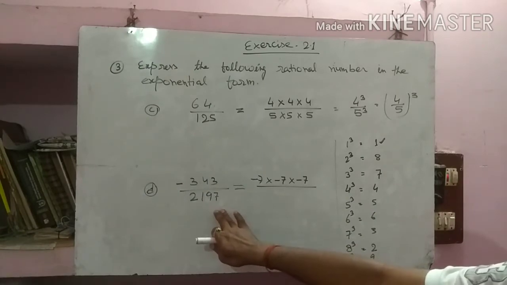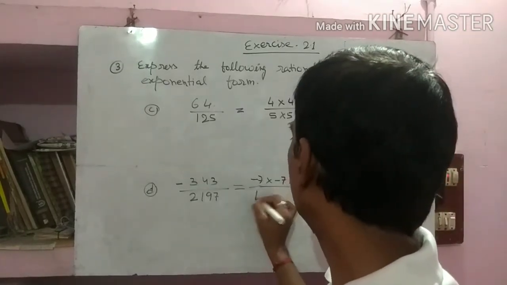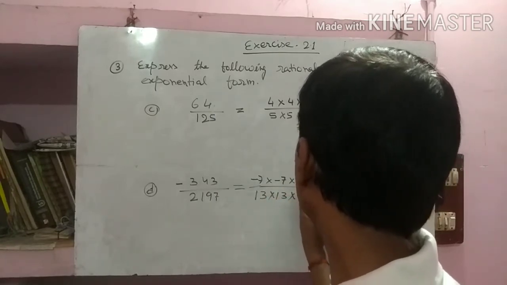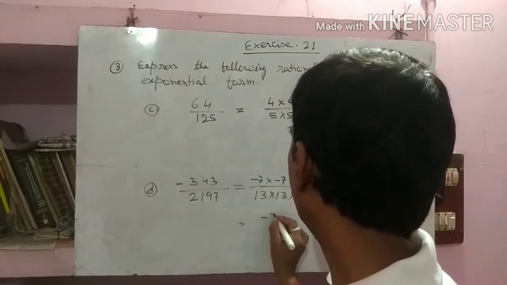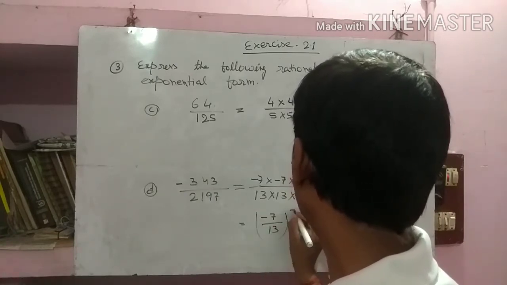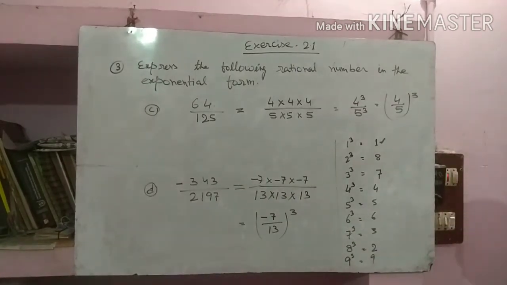It may be 13 to the power 3 or 23 to the power 3. So most probably if you multiply that one, this is 13 into 13 into 13. Then what you will get? Minus 7 by 13 to the power 3. So this is the answer. Okay. Write this one also.